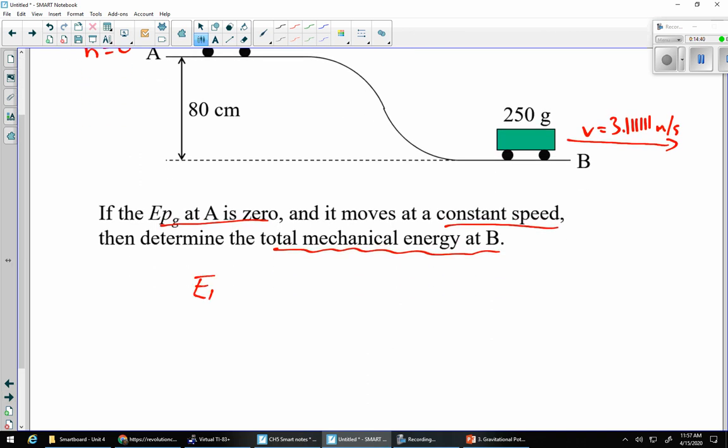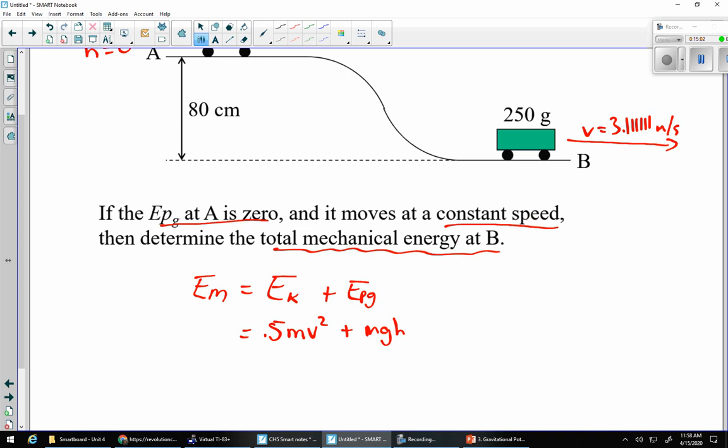My mechanical energy, well, that's just my kinetic energy plus my gravitational potential energy, EPG. So my kinetic energy is 0.5 mv squared, and my gravitational potential energy is mgh.